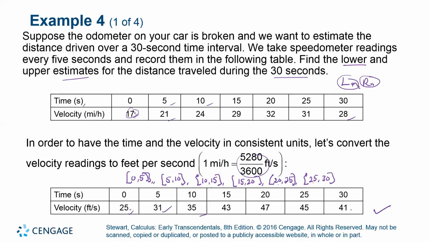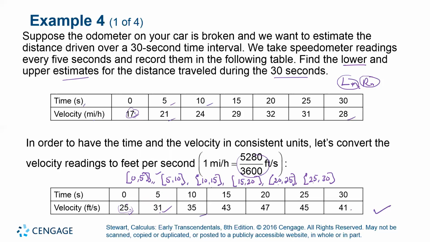To find the distance for the first interval, it's going to be 25 feet per second times time, which gives me everything in feet. The time elapsed is 5 seconds if I'm using the left endpoints. If you're using the right endpoints, it's going to be 31 times 5, because of the time interval.